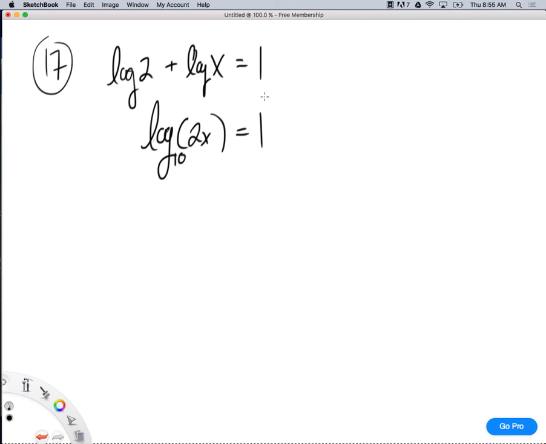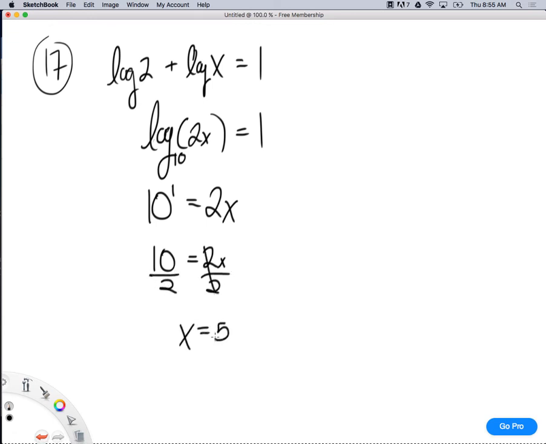So this becomes, once you have that, you use that thumb, pinky thumb, it becomes 10 to the first power, 10 to the 1 equals 2x. What is 10 to the 1? It's just 10. 10 equals 2x. Divide by 2. x equals 5.